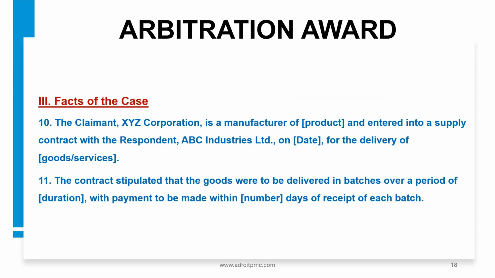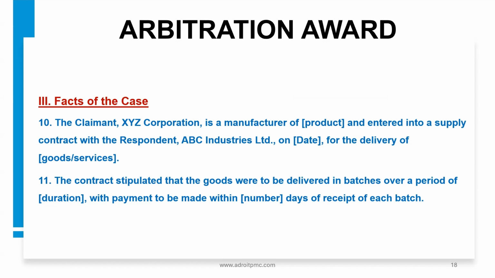Here, the claimant's nature of business is mentioned, is a manufacturer of so and so. In this dispute, there was a contract between claimant and respondent, and the claimant is supposed to deliver some kind of goods to the respondent. The respondent got the goods, but he didn't pay the amount.